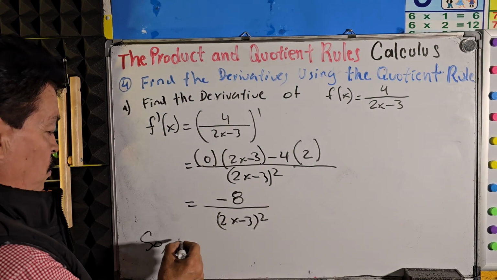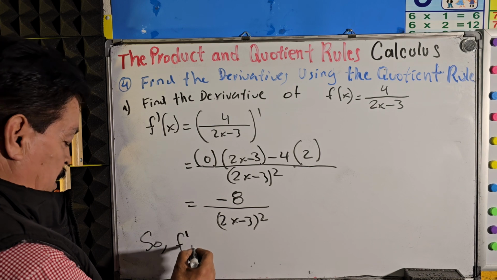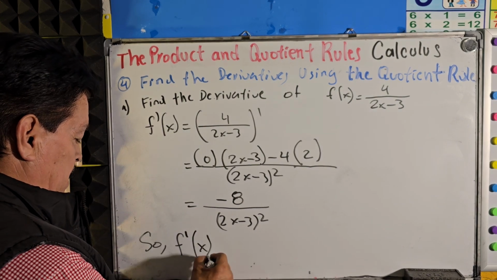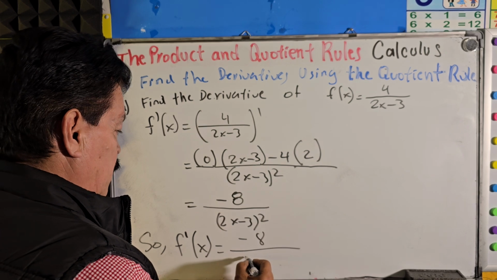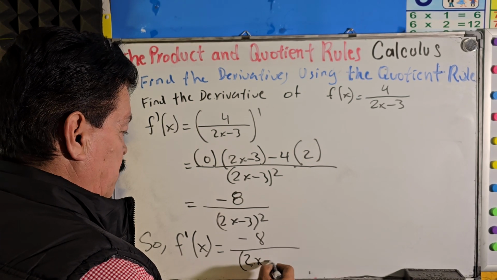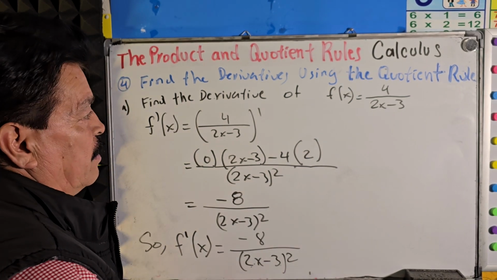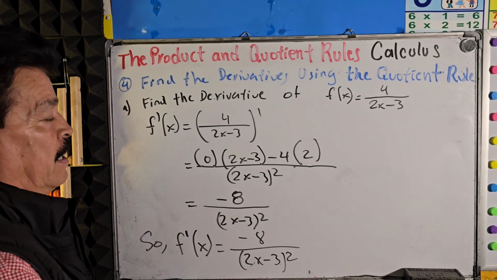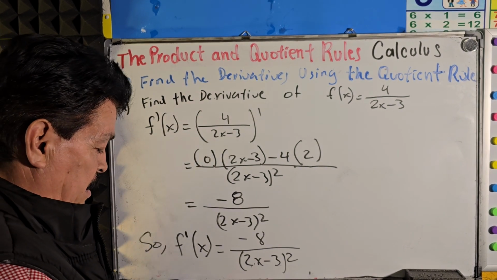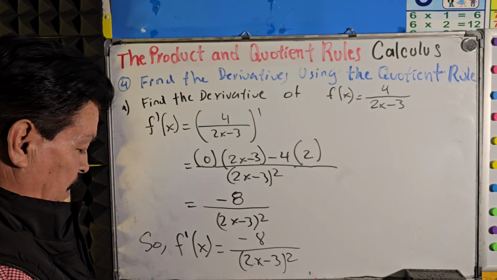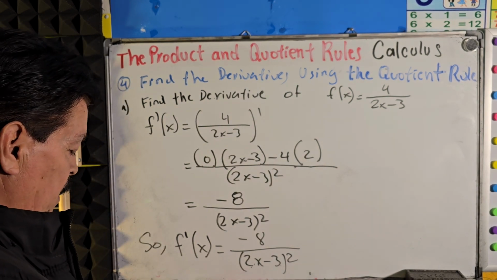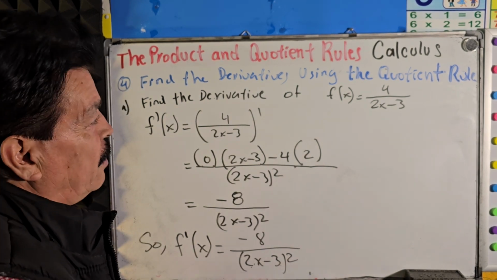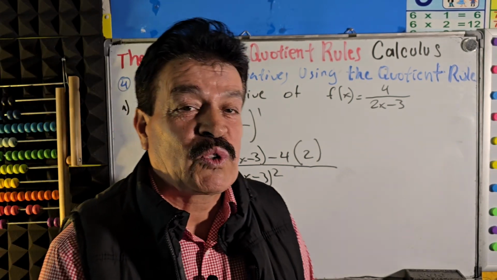So our conclusion is f prime of x equals negative 8 divided by 2x minus 3 to the second power. That's our answer.